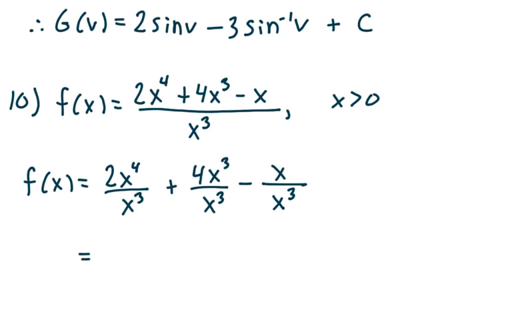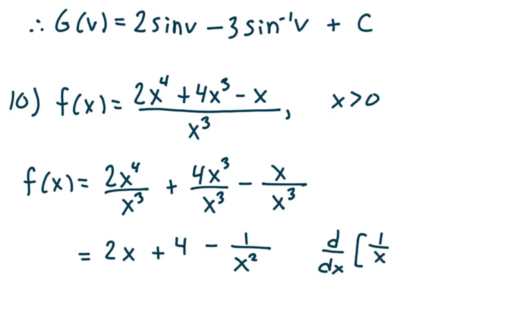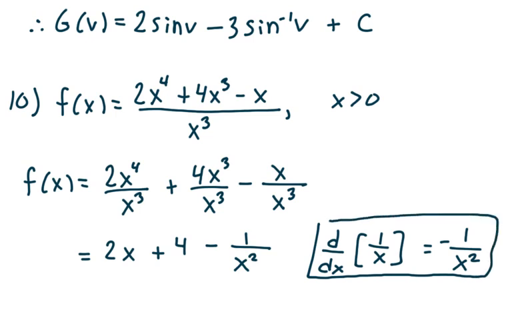And so this is 2x + 4, the x cubes cancel, minus 1/x². One thing I want to make note of: the derivative of 1/x with respect to x is negative 1/x². That's going to come up over and over again.